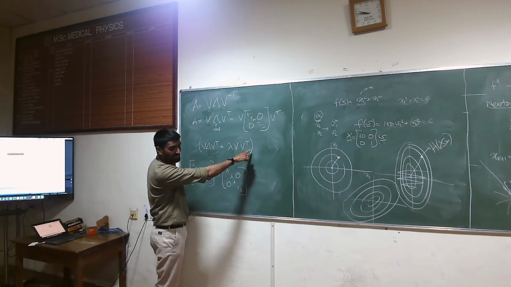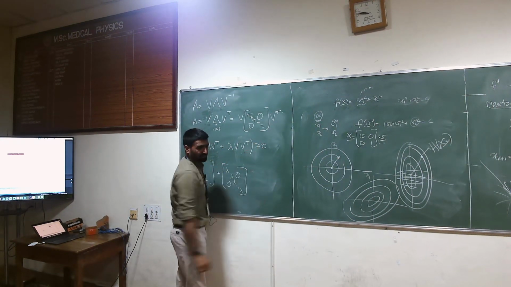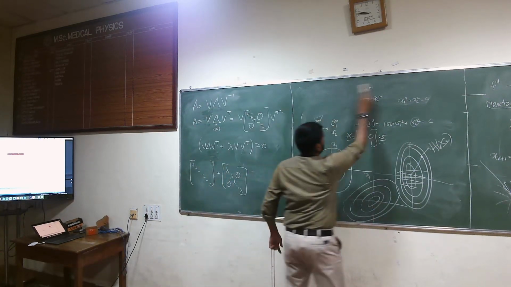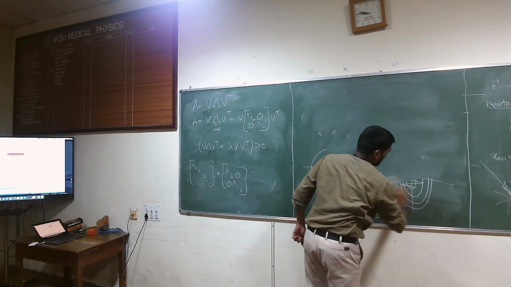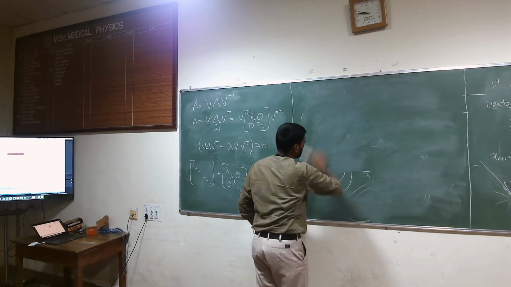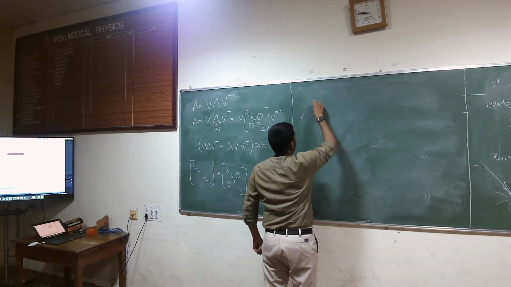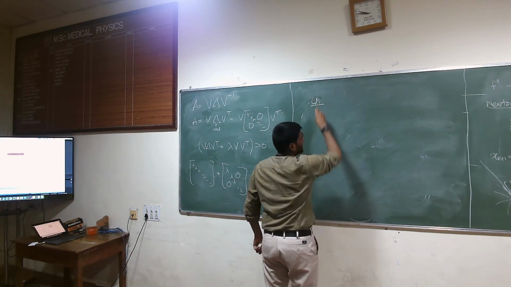That means this whole matrix will be positive definite. Okay? That way, all you have to change is the modification for the Levenberg-Marquardt method, I'll simply write LM, is this.